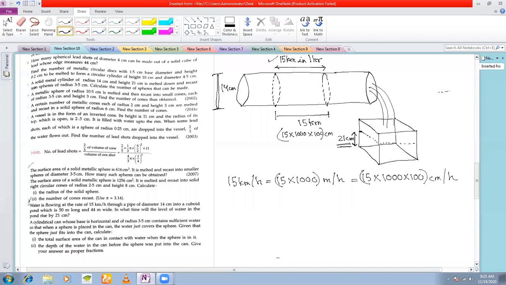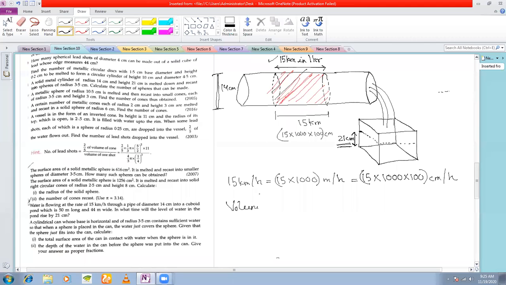So this is 15 into 1000 into 100 centimeters, this distance. How much time is it taking to flow this distance? 1 hour. So what is the volume of water flowing in 1 hour? This column here, this much volume of water is flowing in 1 hour.